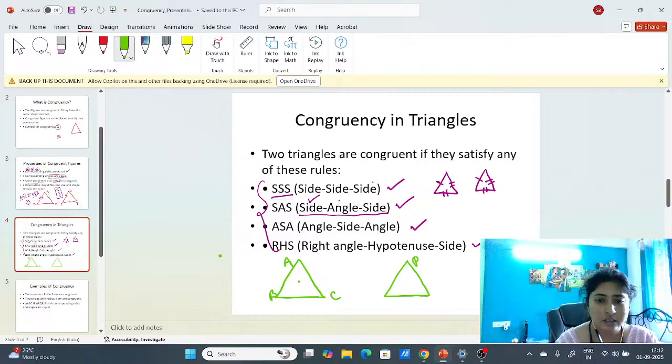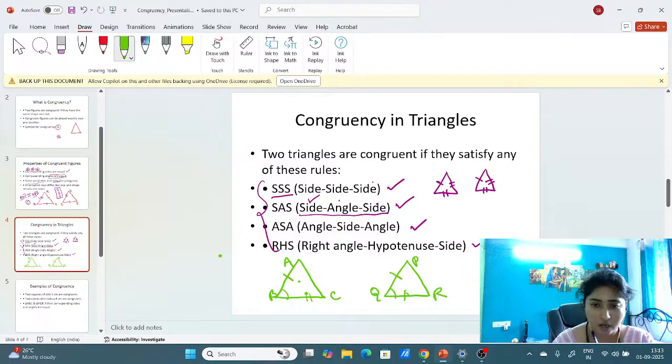P, this one is Q, this one is R. Now suppose AB is equal to PQ, and angle B is equal to angle Q. And suppose side BC is equal to side QR.